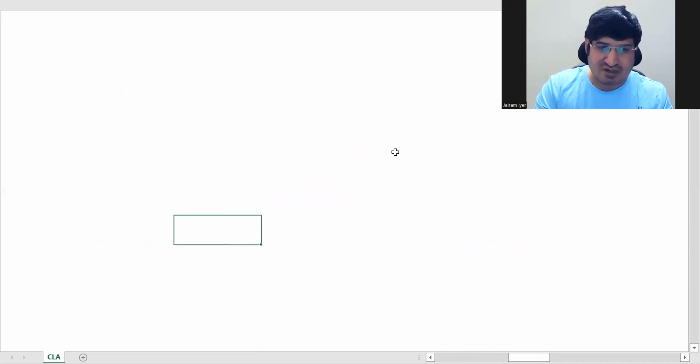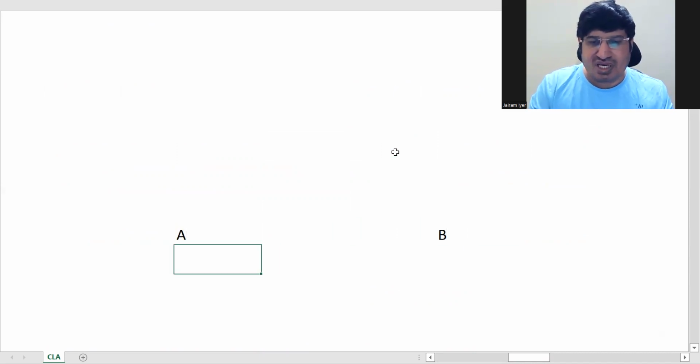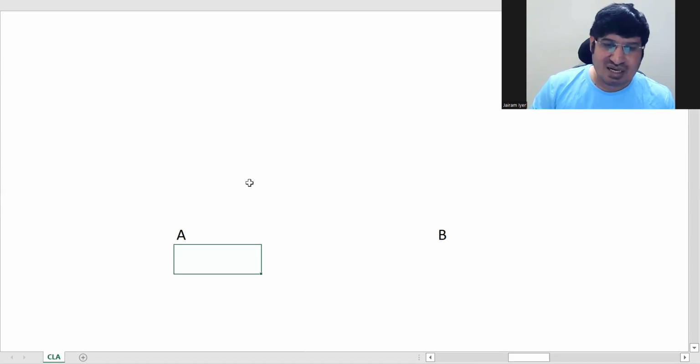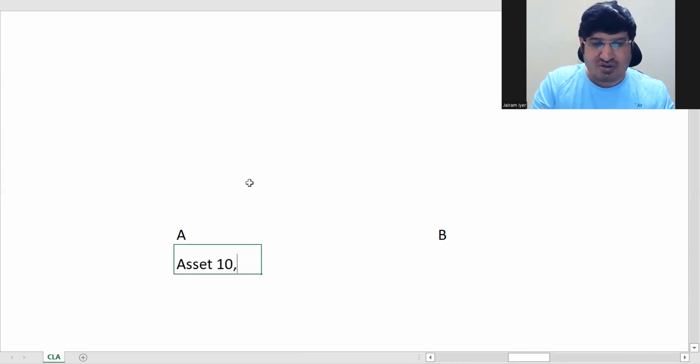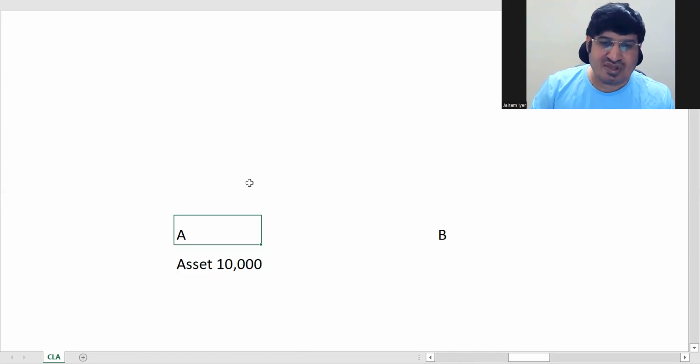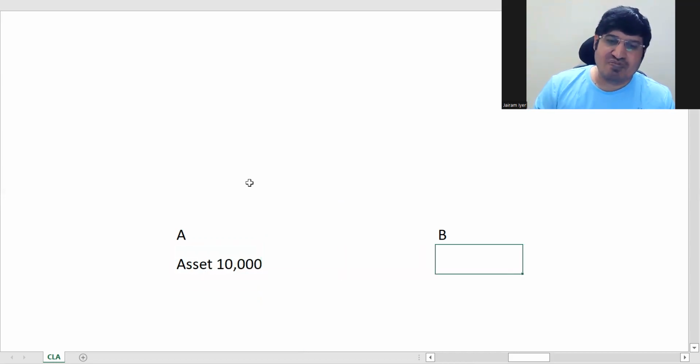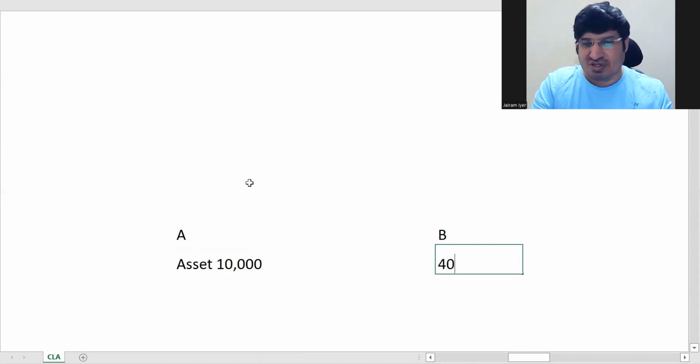this example. Okay, now this is A, B. Okay, so A has an asset of 10,000. Now B said, you give me this asset, sell it to me for 40,000.